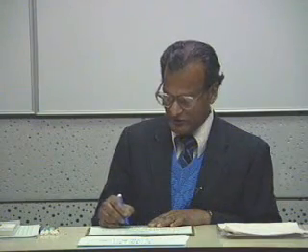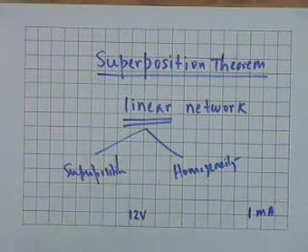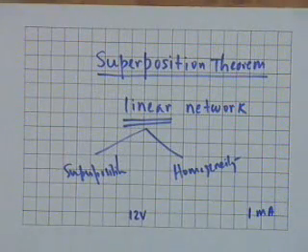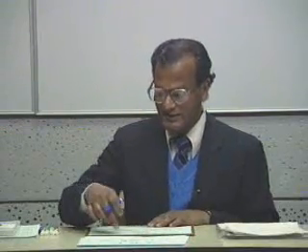And homogeneity implies that if the cause, that is the source or excitation as it is called, is multiplied by a factor alpha, then the response should also be multiplied by a factor alpha. For example, if a 12 volt source gives rise to, let us say, 1 milliampere at a certain point in the network, then 24 volts should give rise to 2 milliamperes. This is called homogeneity, and linearity implies both.